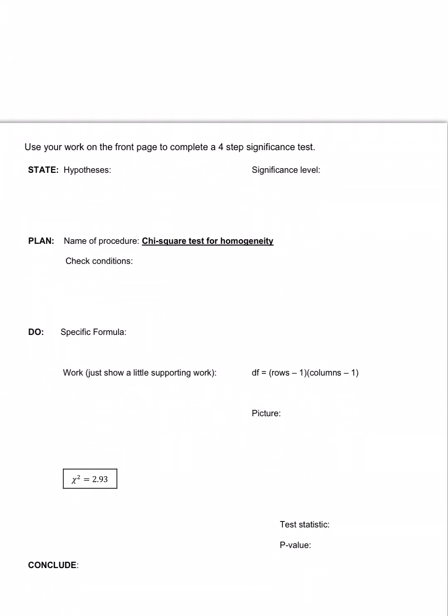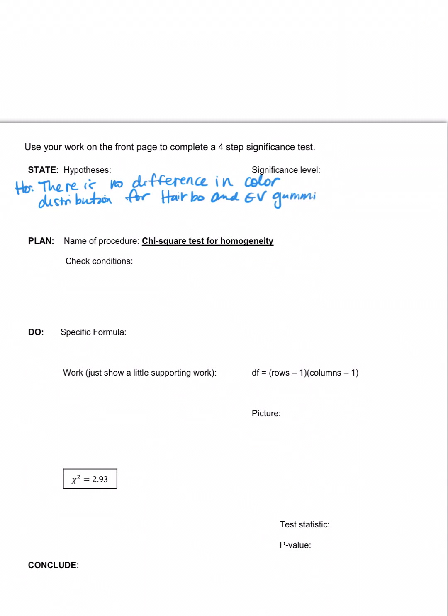My null is always going to be there's no difference in the color distribution for Haribo and Great Value gummy bears.